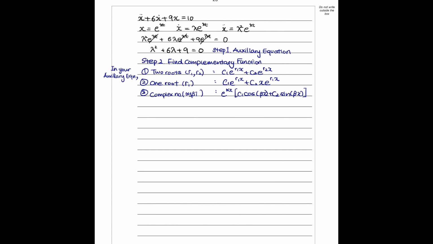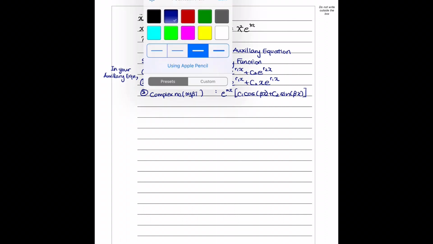If you have 1 root, you're going to have the same thing, c1 e to the power of r1x. However, in the second term, you're going to have c2 times x and then times the exponential. And lastly, if you have a complex number, the real part becomes the exponent of e, so e to the power of alpha x, all multiplied by c1 cosine. Here, beta, which is the imaginary part of the complex number, will be multiplied with x, and it goes into both cosine and sine.